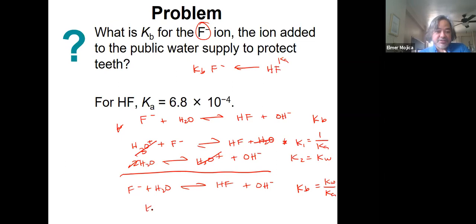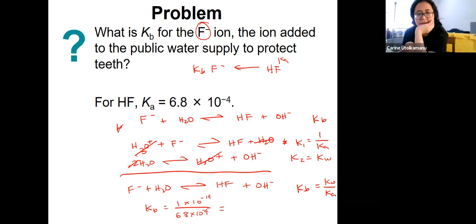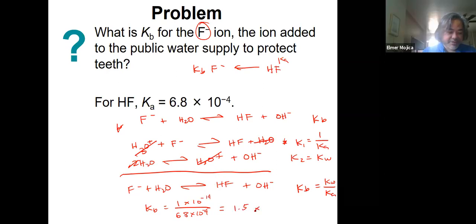So if you're going to look at the Kb, that's just 1 times 10 to the negative 14 over 6.8 times 10 to the negative 4. And this is equal to what? 1.5 times 10 to the power of negative 5. 1.5 times 10 to the negative 5.